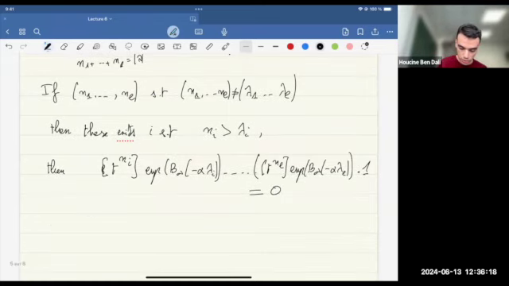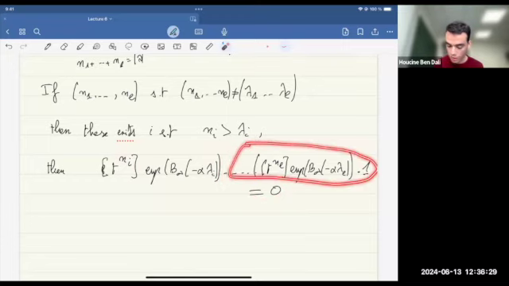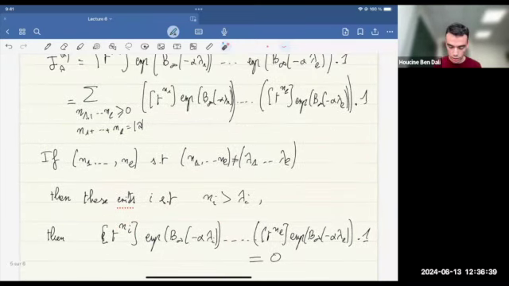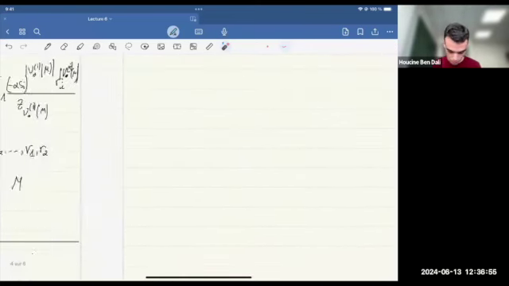And the reason is that this power n_i is bigger than the power lambda_i, and we have proved that the previous exponentials applied on 1 are in some space which is annihilated by such an operator. So for all the tuples n_i for which there is some n_i different from lambda_i, this is 0, and what is left is just the tuple lambda_i's. And this gives exactly the proposition.